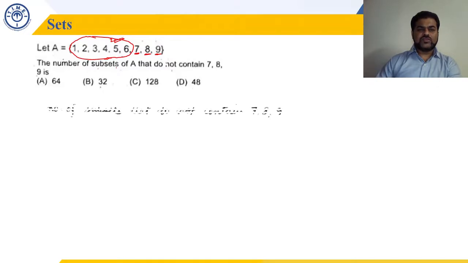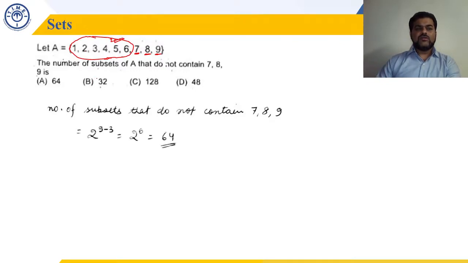So now the question becomes very simple. We have to find the number of subsets that do not contain 7, 8 and 9, which means we only consider subsets which can be formed from the set having 1, 2, 3, 4, 5, 6 as elements. Instead of 2 to the power 9, we are actually doing 2 to the power 6, because we have only these 6 elements available. 7, 8 and 9 do not have to be used.